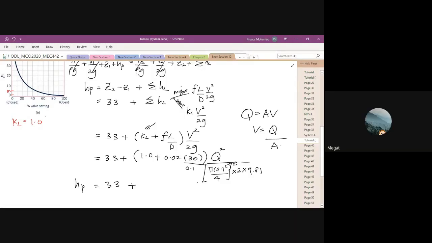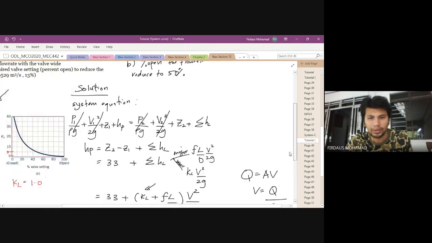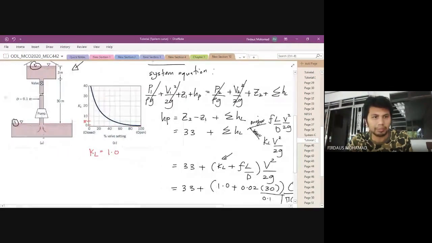So yang V tu dia ambil V1 ke V2? Oh, ni V not V1 and V2, because V is V inside this piping system, not V at 1.